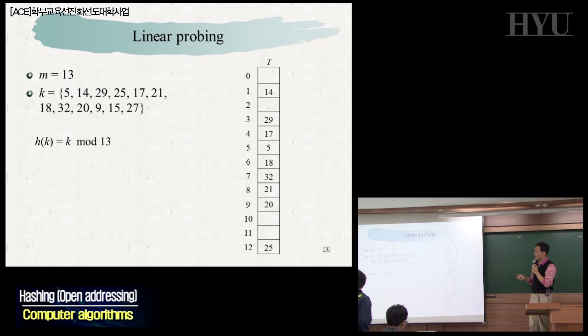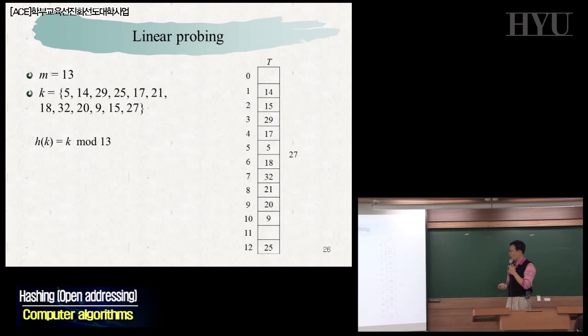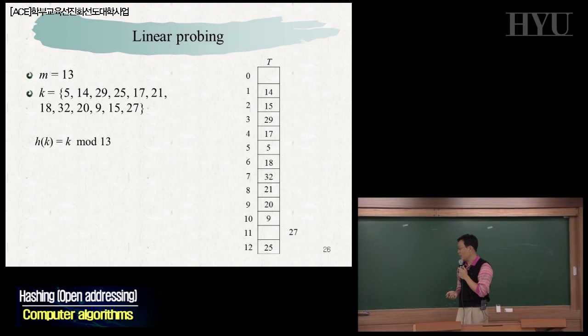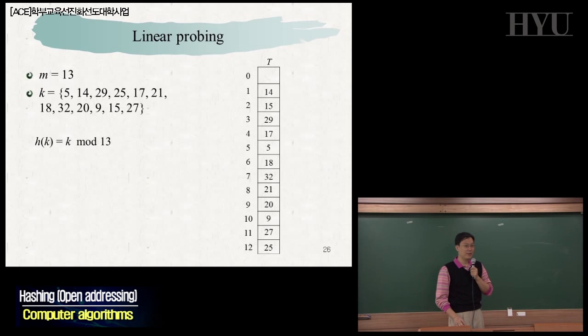And then the next key is 9. So we store it in the 10th slot. And 15. Okay, and 27. It should move a long way, and then it is stored in the 11th slot. This is linear probing.